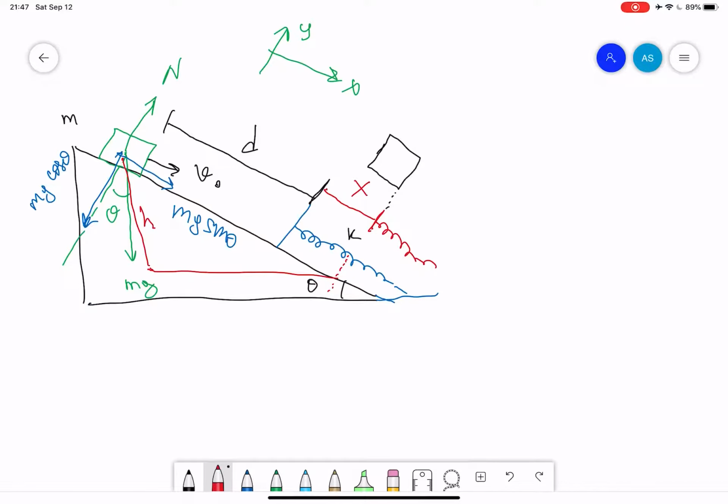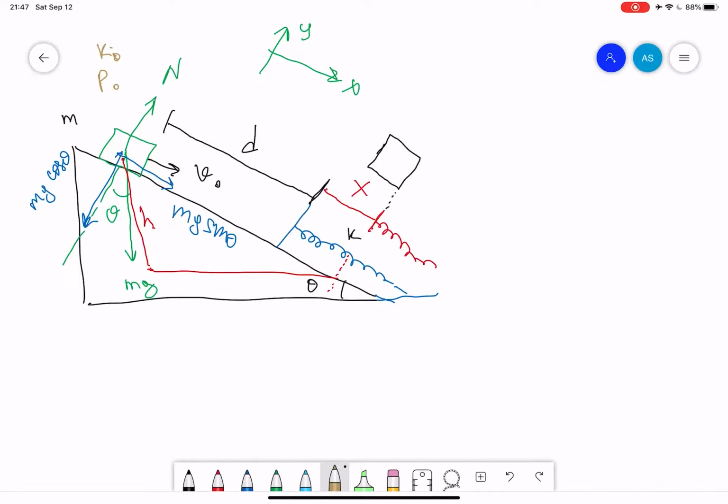When our box is at a certain height and has a certain velocity, we have kinetic energy initial, since it's coming with the initial velocity. Then we have potential energy initial.